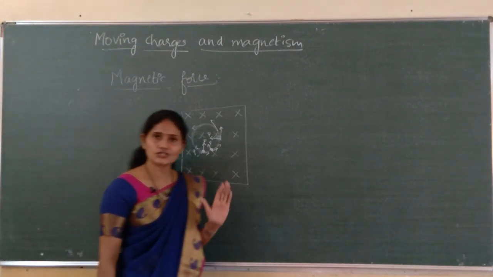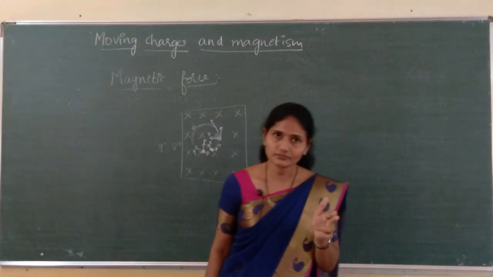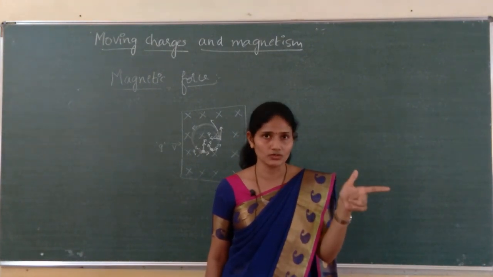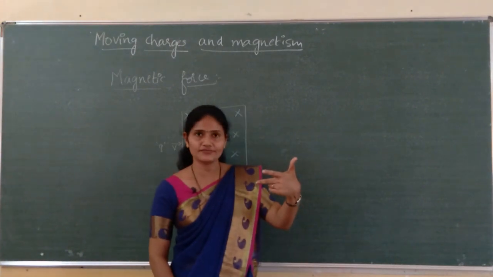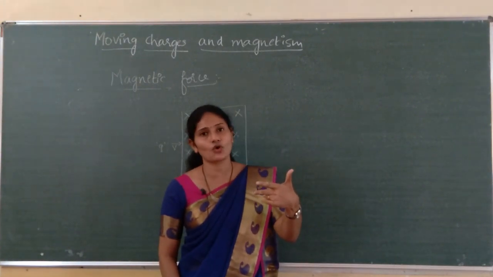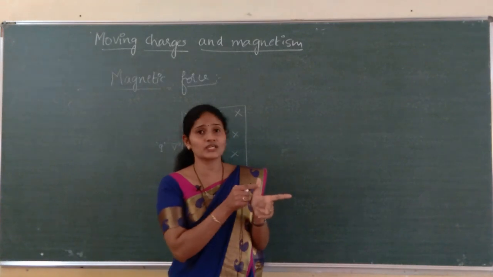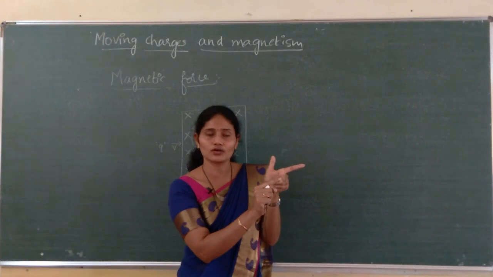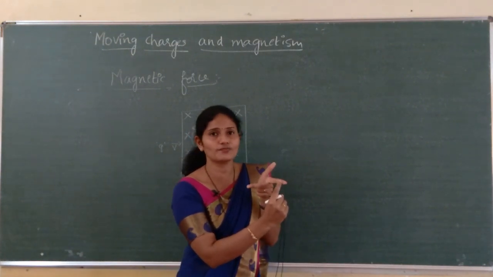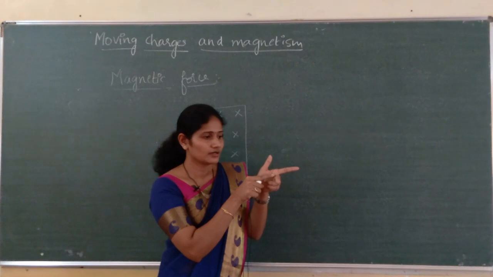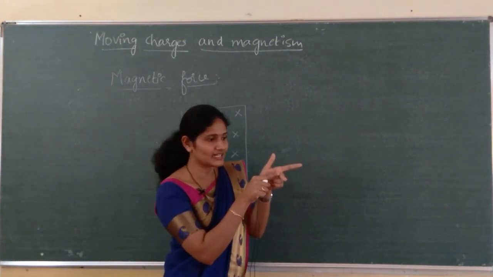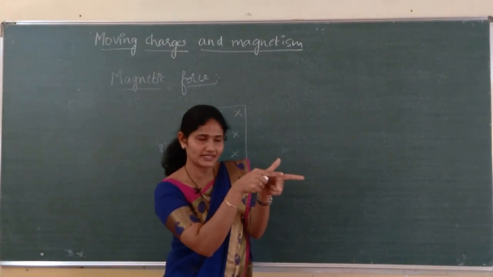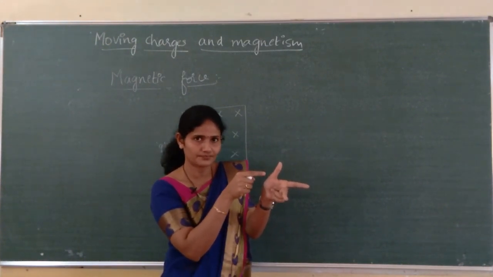To understand the direction of force, you should remember Fleming's left hand rule. Using Fleming's left hand rule, we can find out the direction of magnetic force. Always the thumb gives the direction of magnetic force, the middle finger gives the direction of velocity, and the forefinger gives the direction of magnetic field. If the particle is moving like this, then this is the direction of velocity, this is the direction of magnetic field, and this is the direction of force.